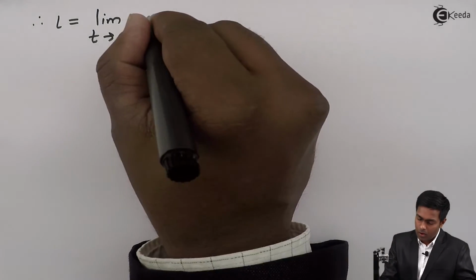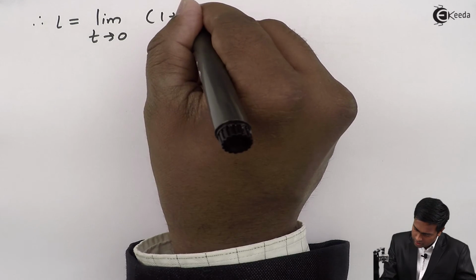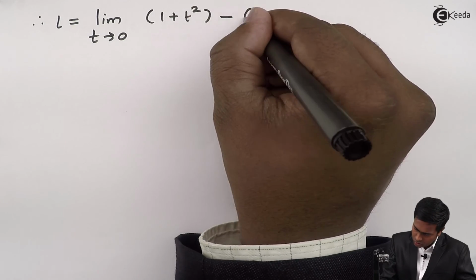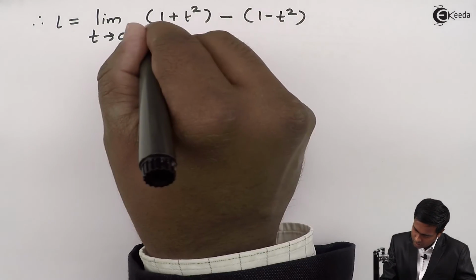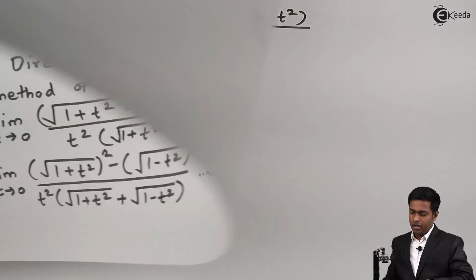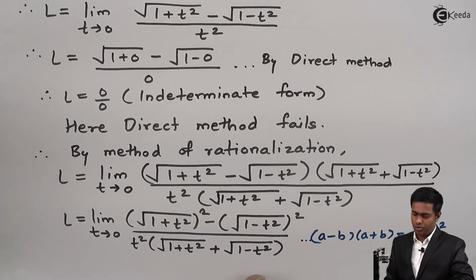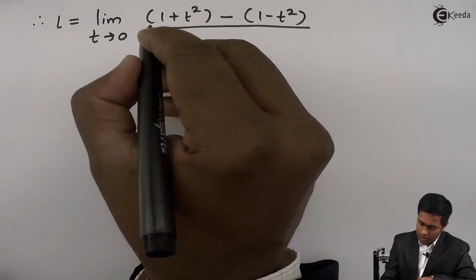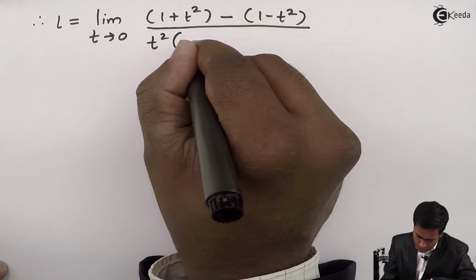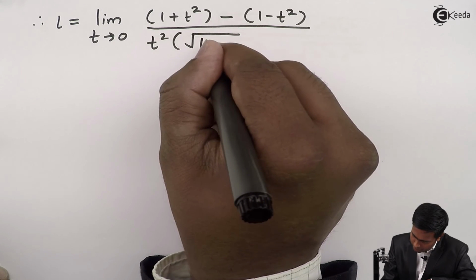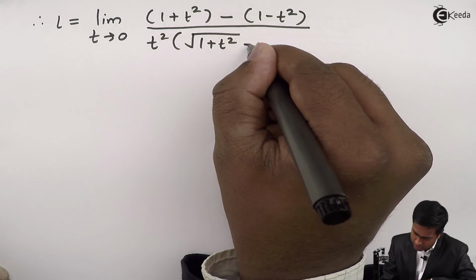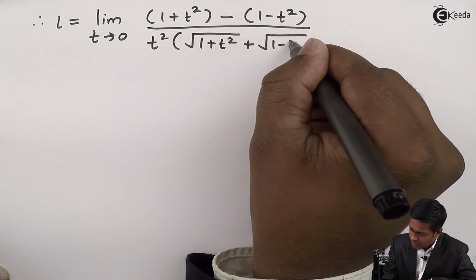So 1 plus t square minus 1 minus t square upon the denominator, which remains as it is: t square into root of 1 plus t square plus root of 1 minus t square.